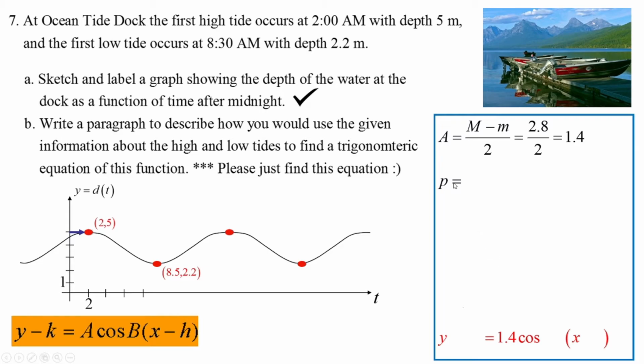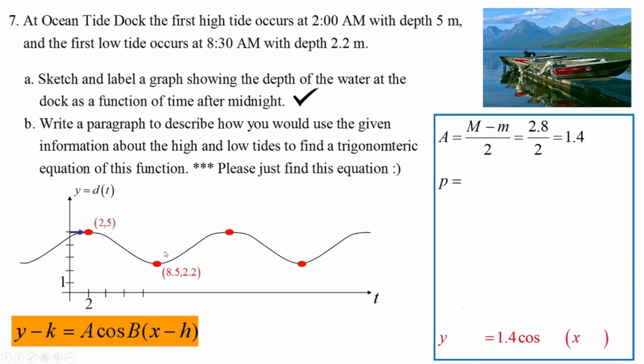Now, what's the period? I like to think about the distance between these high tides right here, and I know it would be double the distance from high tide to low tide, talking about my input t.